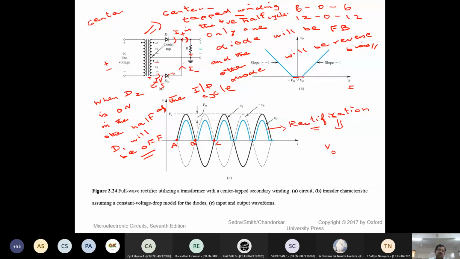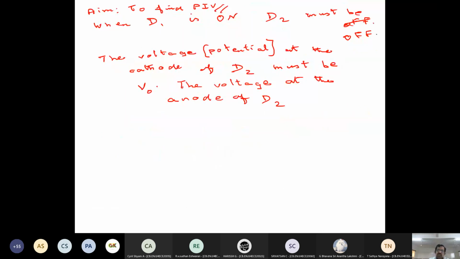Now what about this one? This is under reverse bias, so this will be seeing a minus Vs. So voltage at the anode will be minus Vs as D2 is under reverse bias.